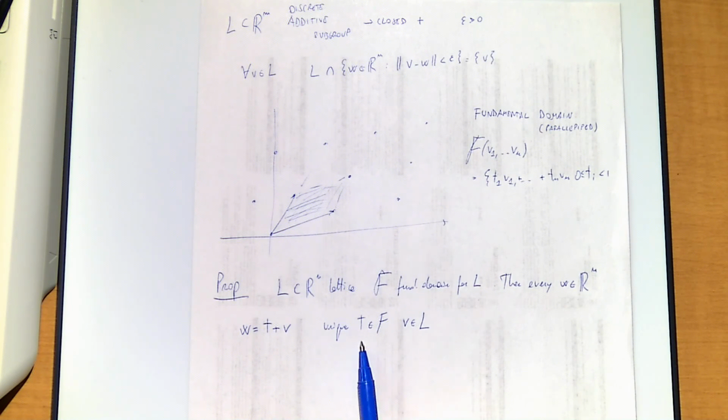So you can think of t as being like the error that shifts. You take a lattice and you shift it by a quantity that is always something in the fundamental domain.